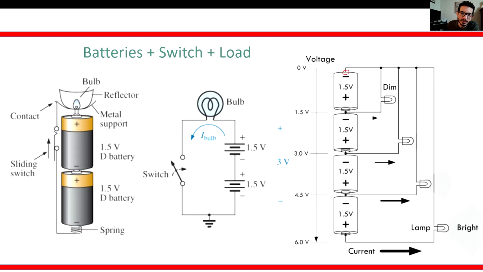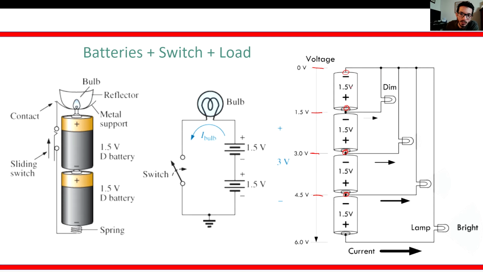in series because our negative point is connected to our positive point, one next to the other. And when you connect batteries in series, or power sources in series, you get the potential to increase linearly.